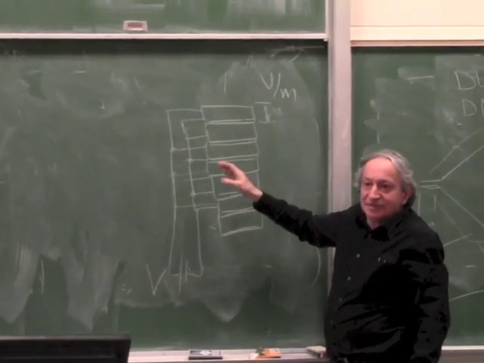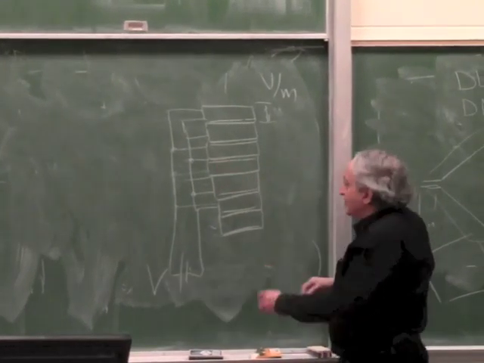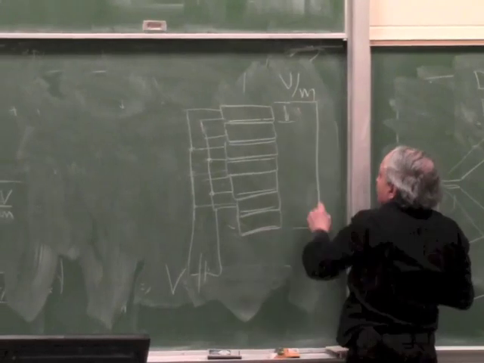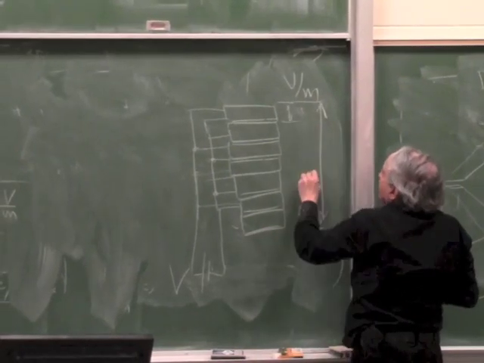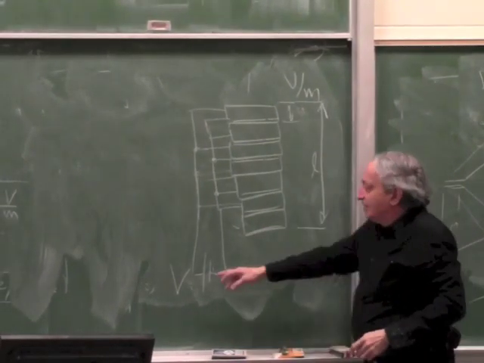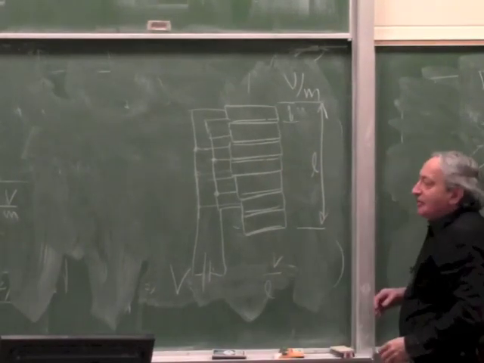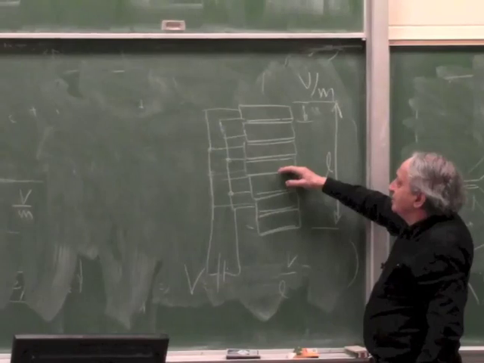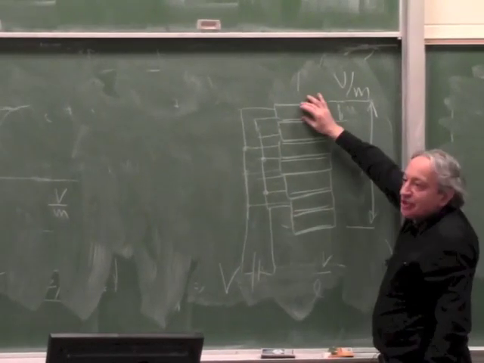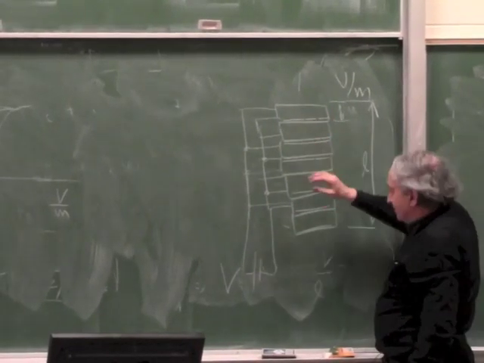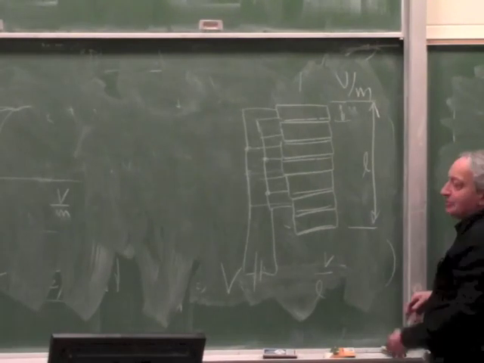Is that clear? In other words, if this whole thing was L, the electric field would be V over L, but if I can divide it into 100 layers and apply the full voltage to each layer separately, the electric field will be 100 times more.